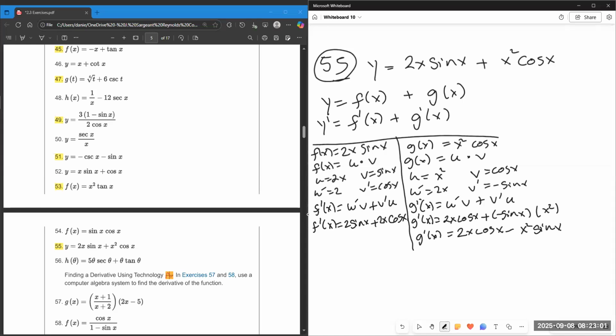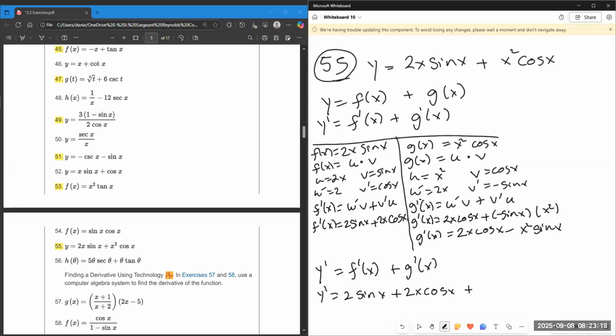So to come back now, y prime is equal to f prime plus g prime. So y prime is 2 sine of x plus 2x cosine of x plus g prime, which is another 2x cosine of x, minus x squared sine x.